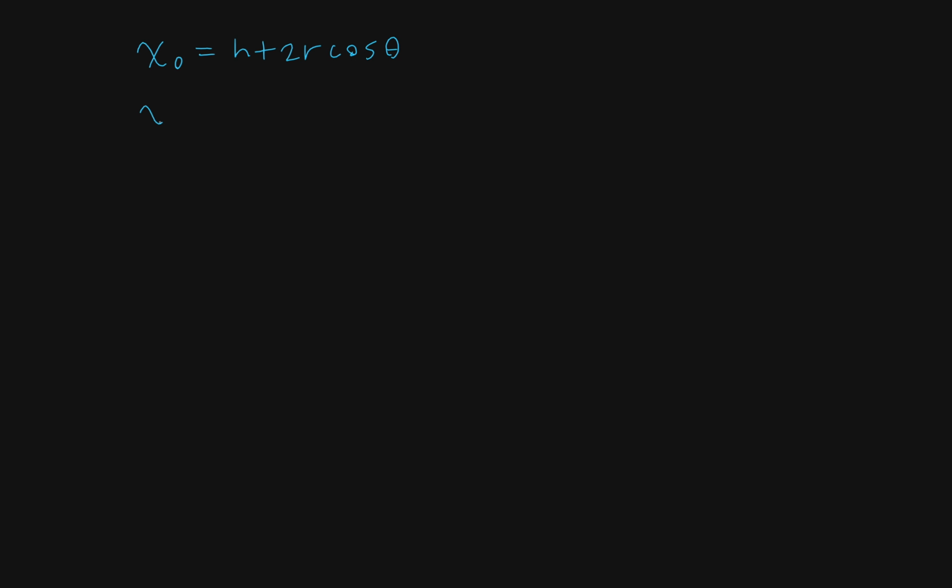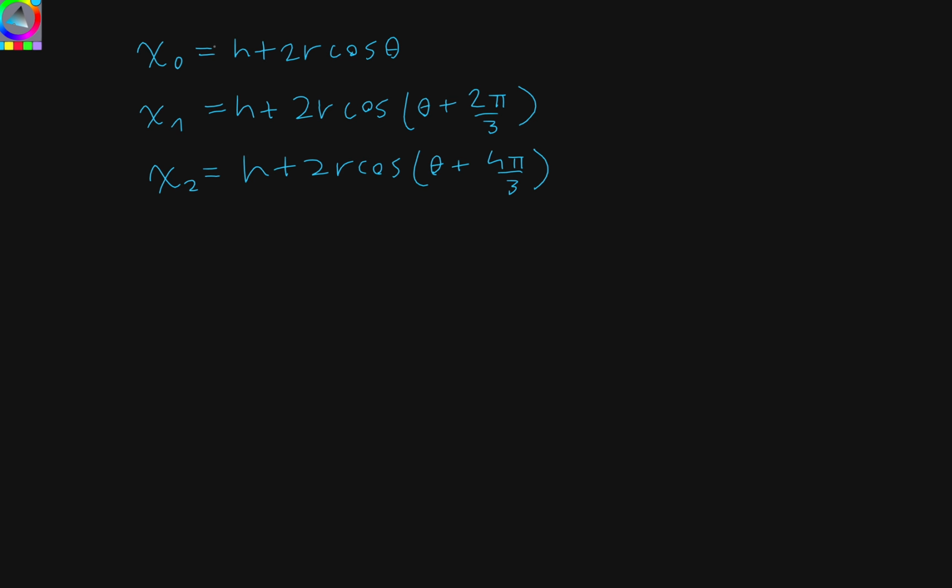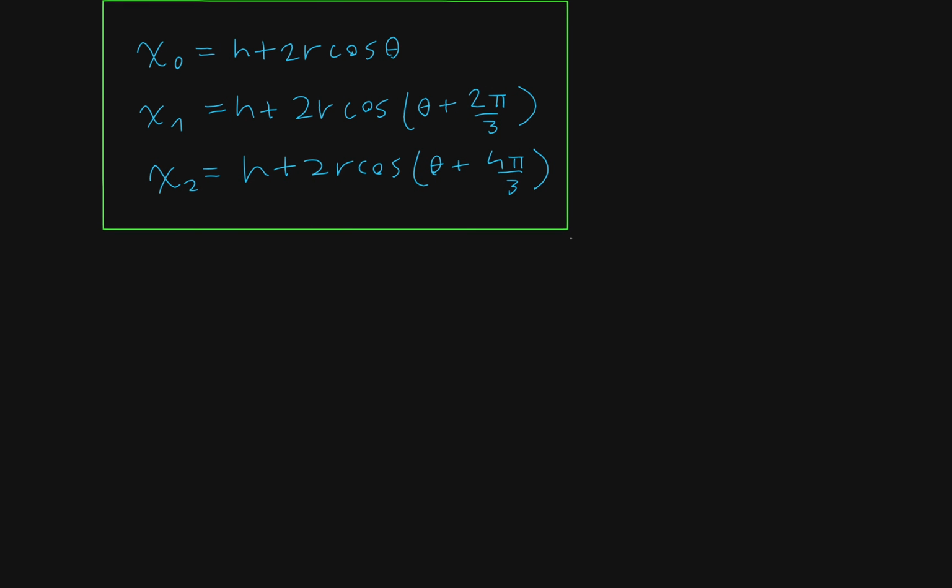Then x1 is going to be h plus 2r cosine of theta plus 2 pi over 3. And finally, x2 is equal to h plus 2r cosine of theta plus 4 pi over 3. And that is it. That is how we get all our solutions.